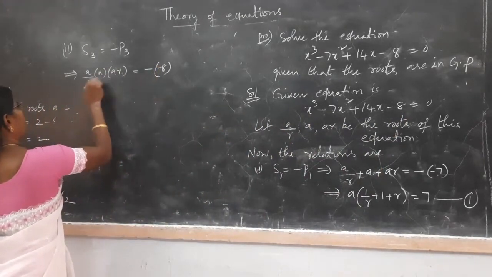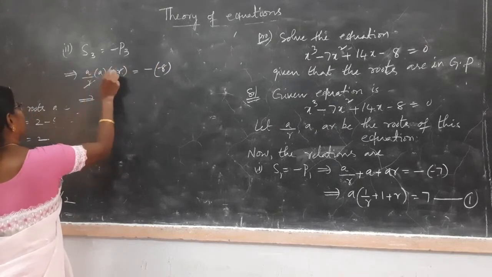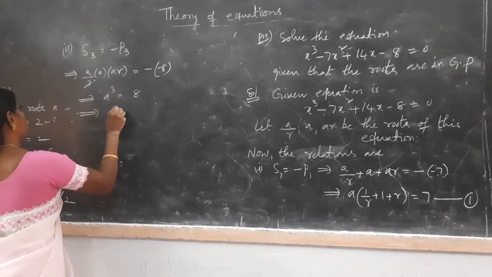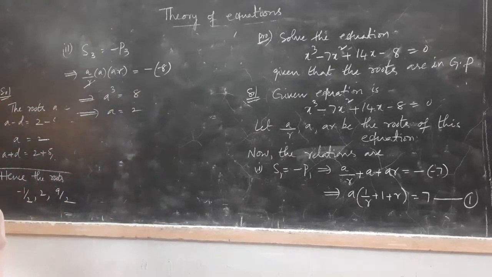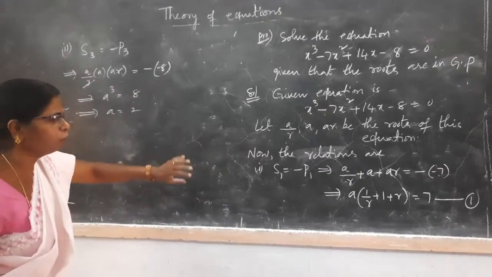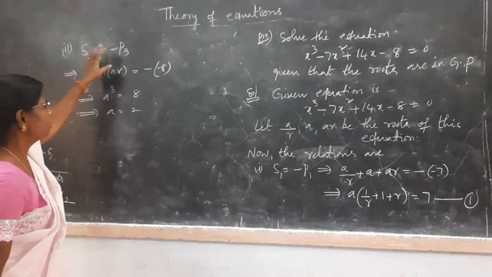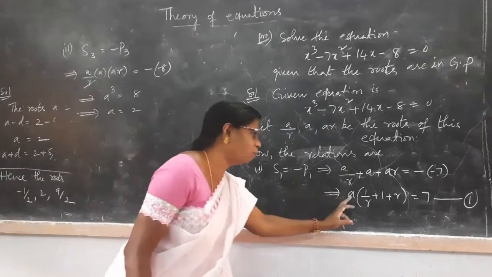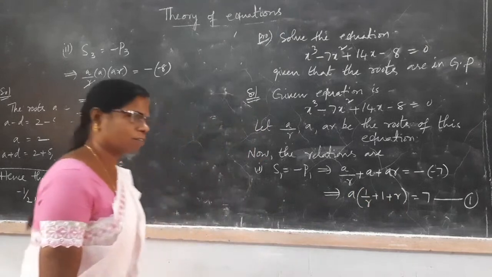So here r cancels. a cube is equal to 8. This implies a is equal to 2. So the reason I came to this third relation instead of writing S2 is equal to p2 is that immediately we got a. If you substitute the value of a here, we get r.